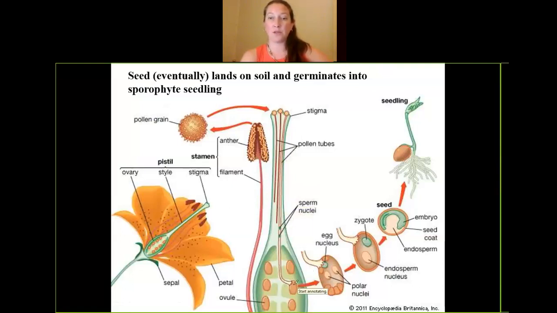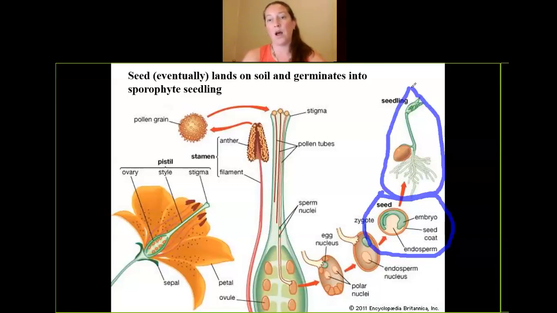The pollen tube cell enters an ovule, which is inside of an ovary. 2 sperm cells enter the ovule. 1 fuses with an egg, 1 fuses with the polar nuclei. The result is a 2N zygote and 3N endosperm, and that's what you have inside of your seed. The ovary will eventually swell into a fruit containing seeds. The seeds eventually get released and grow into the new plant.